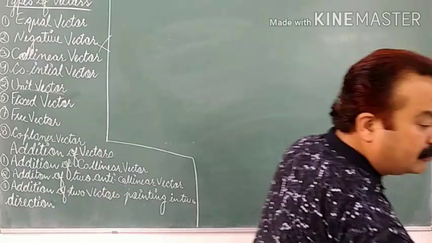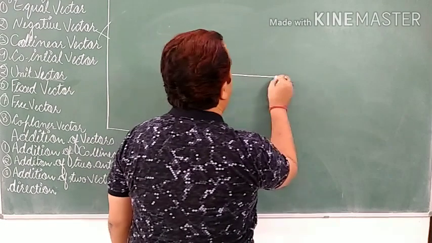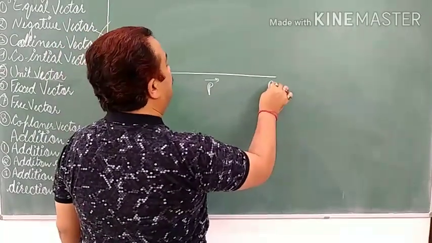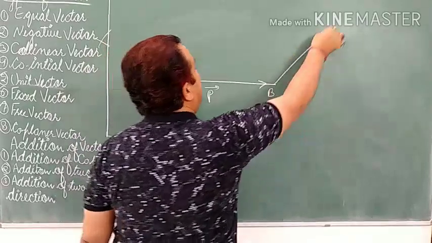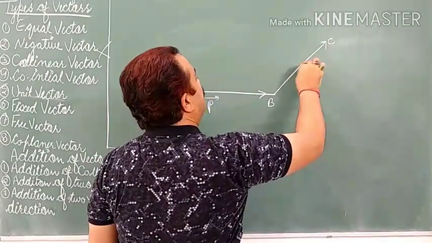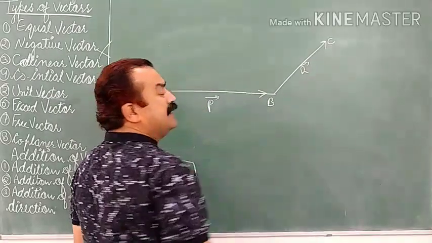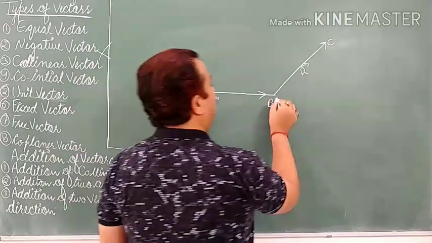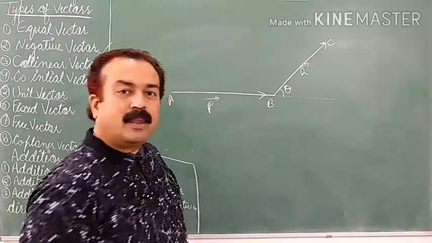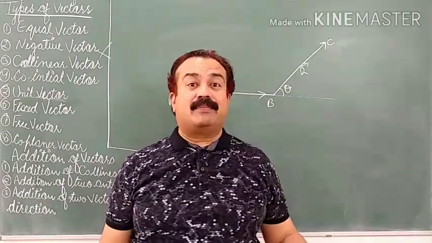See, we have one vector P vector AB, and another vector BC, and it is represented by, let's say, Q. Then you can see both the vectors are lying at some angle, meaning both the vectors have different directions.